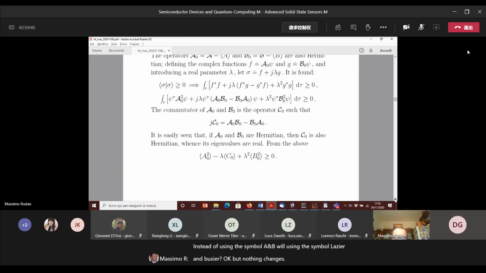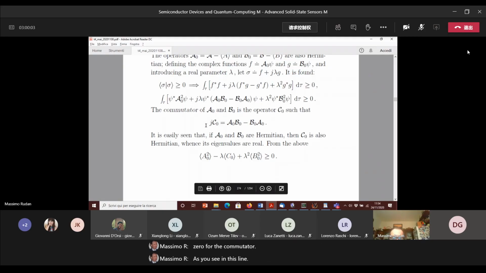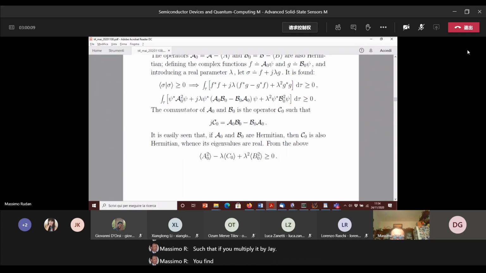So if you have two operators, A0 and B0, you define the commutator of them and use the symbol C0 for the commutator, as you see in this line. The commutator C0 is such that if you multiply it by J, you find A0 B0 minus B0 A0, okay?